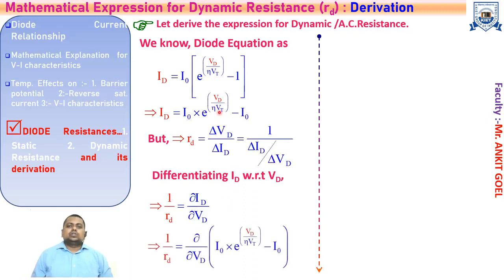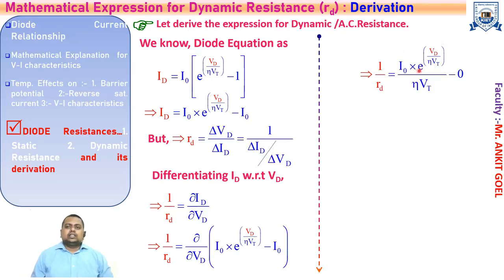Just substitute this expression for ID here. You will get delta ID upon delta Vd equals delta of I naught e raised to the power Vd upon eta Vt minus I naught. Treat I naught, eta, and Vt as constants and differentiate. You will get the expression 1 upon Rd equals I naught into e raised to the power Vd upon eta Vt, divided by eta Vt, minus 0.